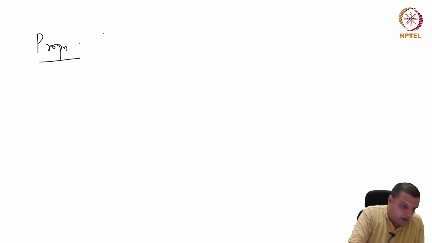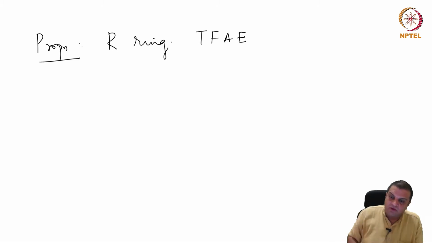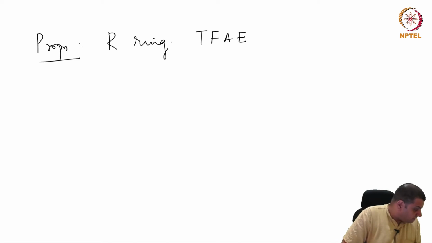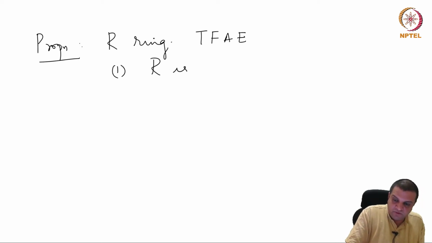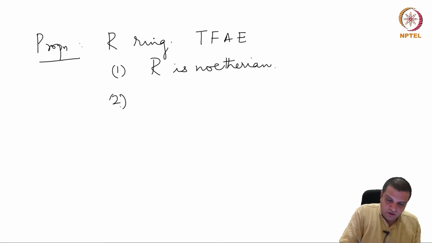Let R be a ring. Then the following are equivalent. 1. R is Noetherian. In other words, every ideal is finitely generated. 2. Every ascending chain of ideals stabilizes.